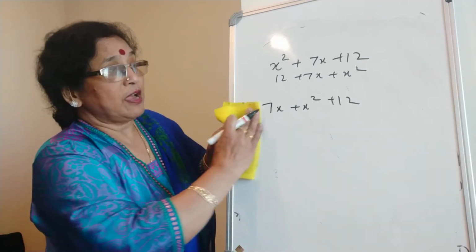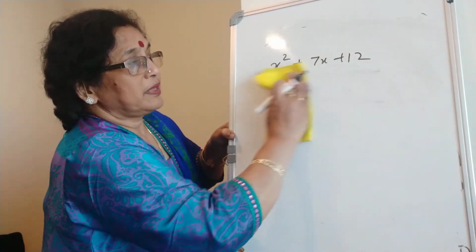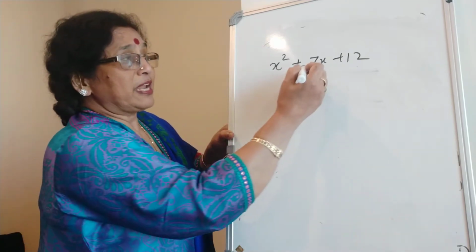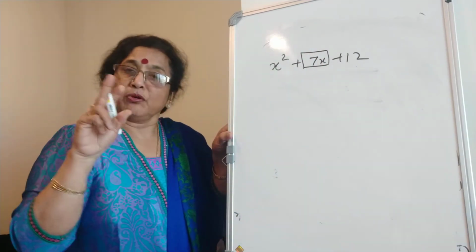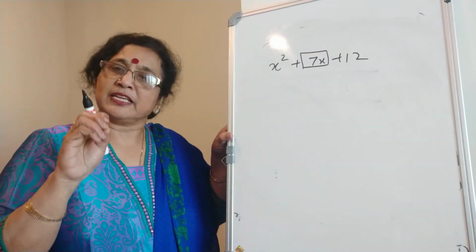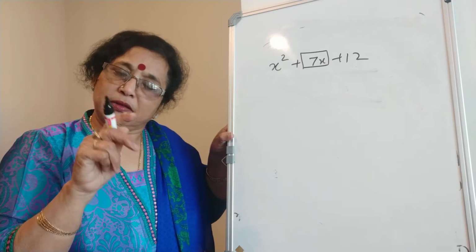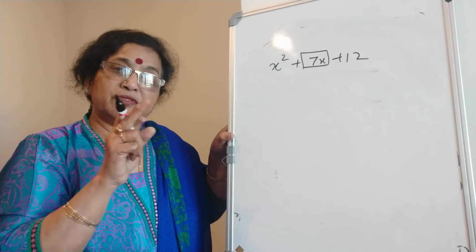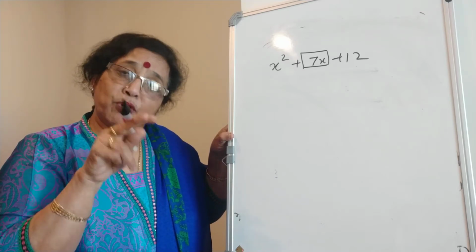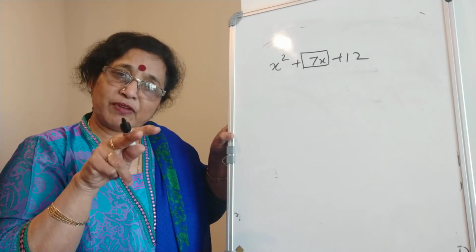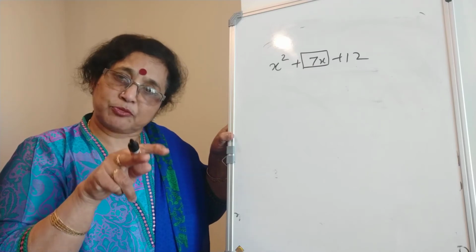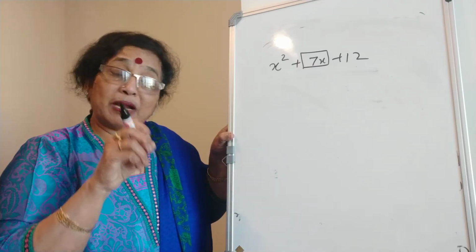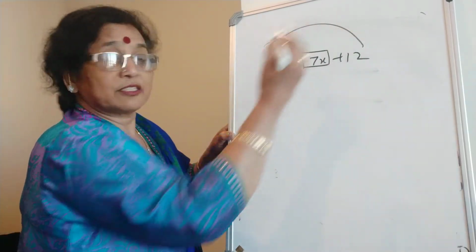So after you arrange it, the middle one I break up into 2 like terms such that when both the like terms are added or subtracted, they give 7x, and when multiplied, they give 12x square.